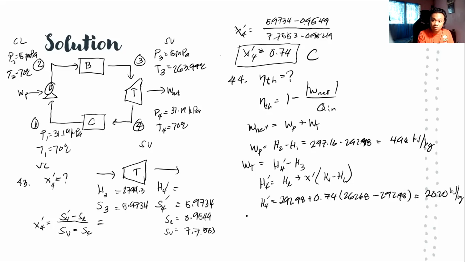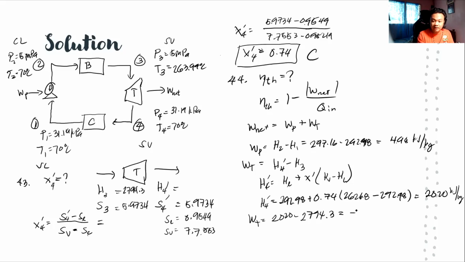So if you get the network, it's the W turbine first. The turbine produces H4, 2020, minus H3, which is 2794.3.